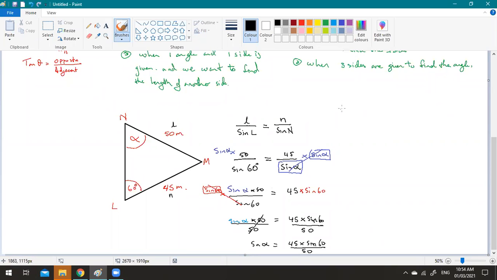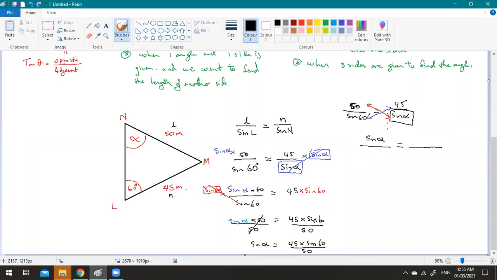Now, there's a shorter way to do that. If we had 50 over sine 60 equal to 45 over sine alpha, what we were talking about in cross multiplication is that fractions work like this: we diagonally multiply or interchange. I want to find sine alpha, so I diagonally multiply to get sine alpha over whatever.